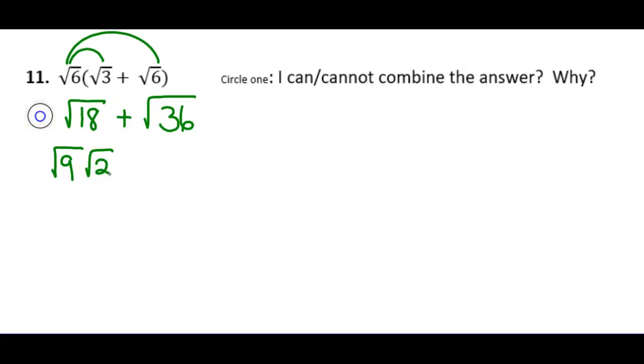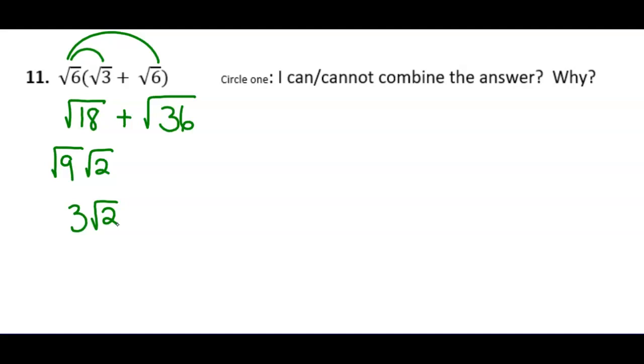So I have to simplify this. 9 times 2 is 18, right? And now the square root of 9 is equal to 3. And I'm hoping up here you saw there's a 3 in here, there's a 3 in here. That 3 is going to come out, and then I'm going to have that 2 left over because of this 3 times 2. I'm hoping you saw that. But if you didn't, look for it.